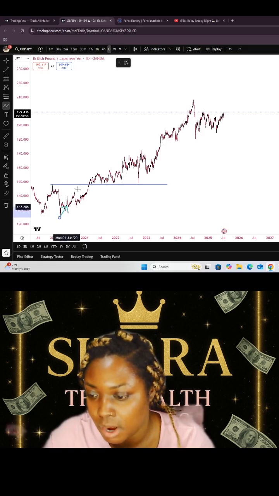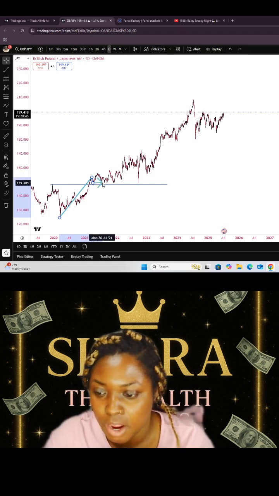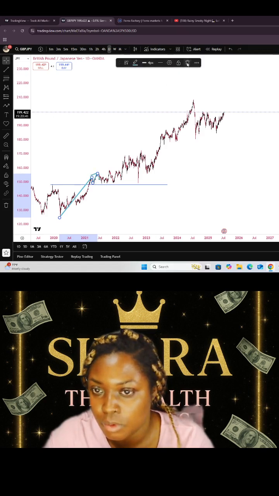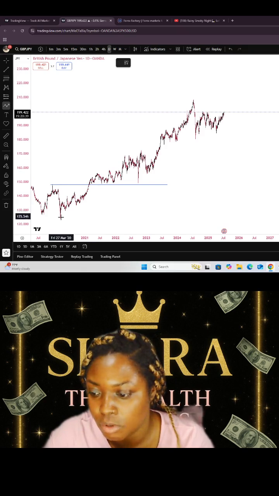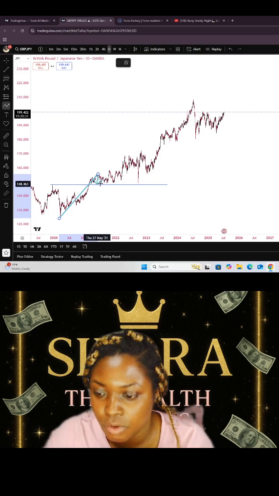Okay? Price finally broke it. All right. We got a little pullback here. Then price pushed up. Then we got another pullback back to the same area, which lets me know that this was still all one impulsive move. Okay. If we look here, all three of these are relatively equal.